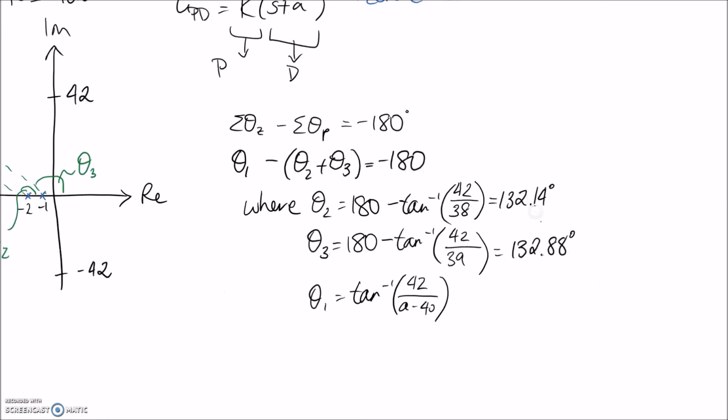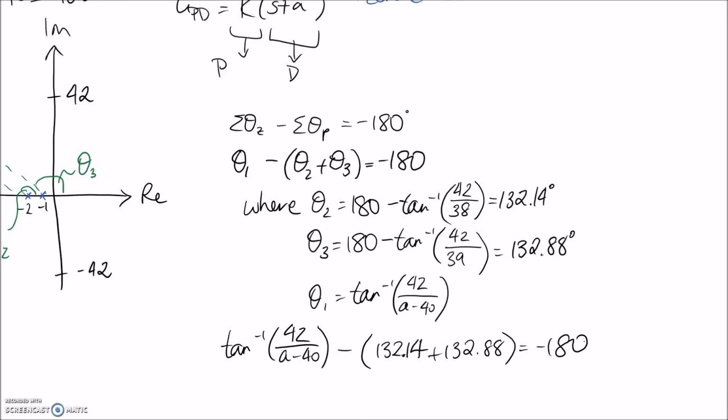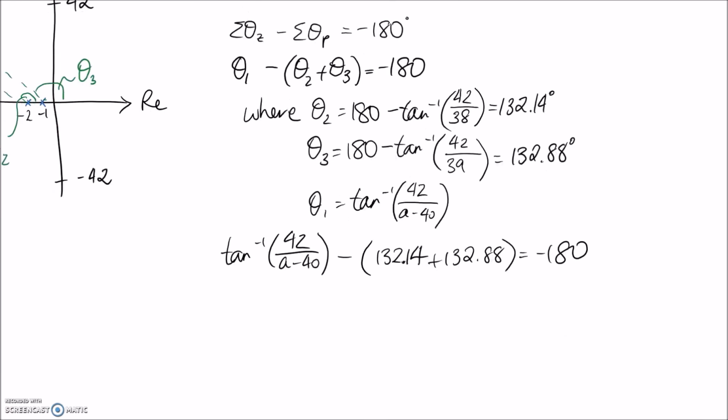So what I'm going to do is take all three angles that I've just simplified and put them back into this equation here. Now I just need to solve for A, which is the only unknown in the equation.